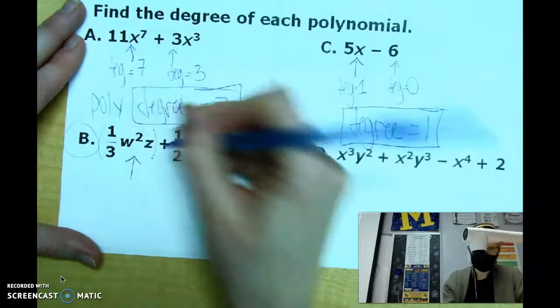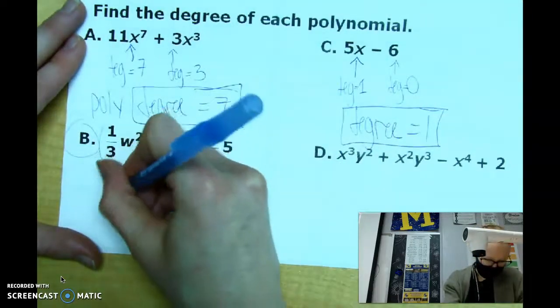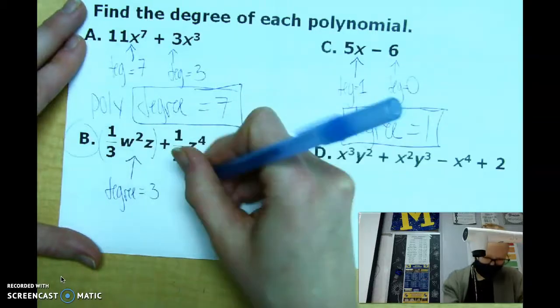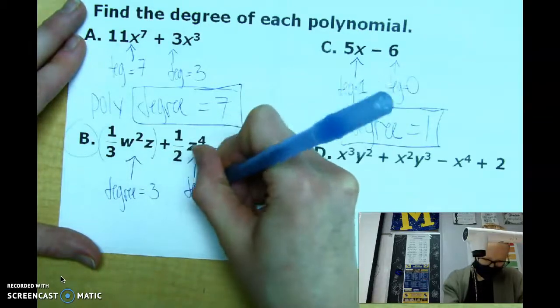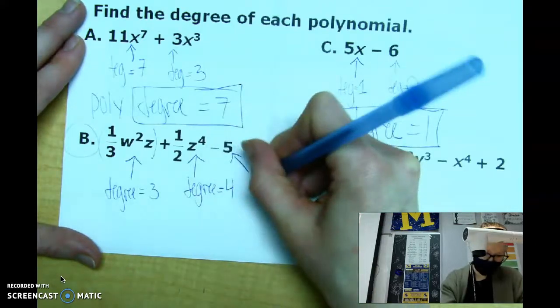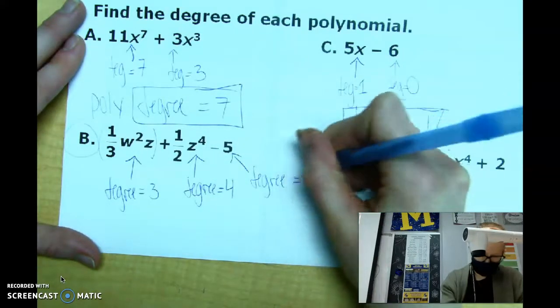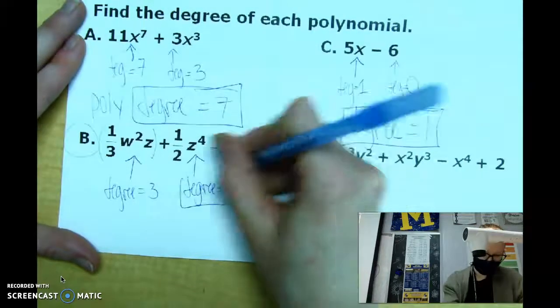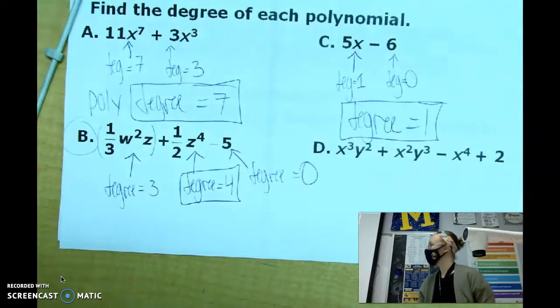This is one term. My degree should be what? I got 3 here. In the second term, I have 4 z's, and then in this last term, my degree is 0, right? So, overall, my degree should be 4, right?